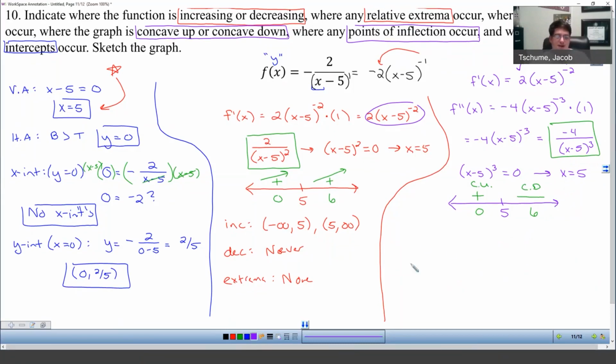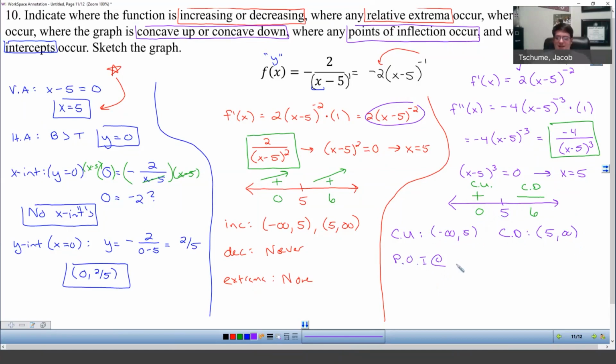So when I go to write my intervals of concavity, this is not the tricky part. You are going to be concave up from negative infinity to 5, and you're going to be concave down from 5 to infinity. As far as the point of inflection goes, I know we've always said that if your concavity switches, you have an inflection point.